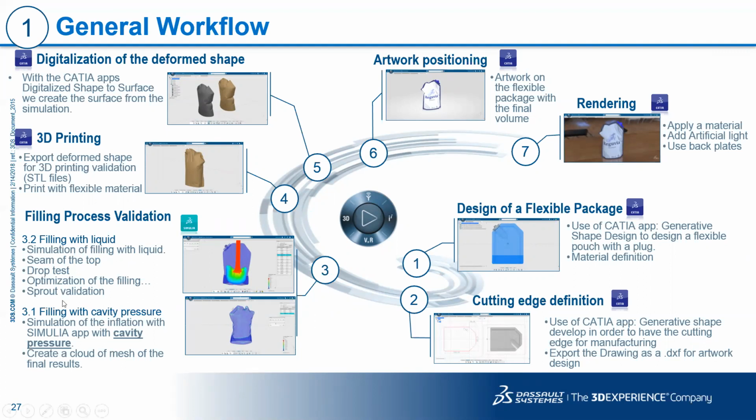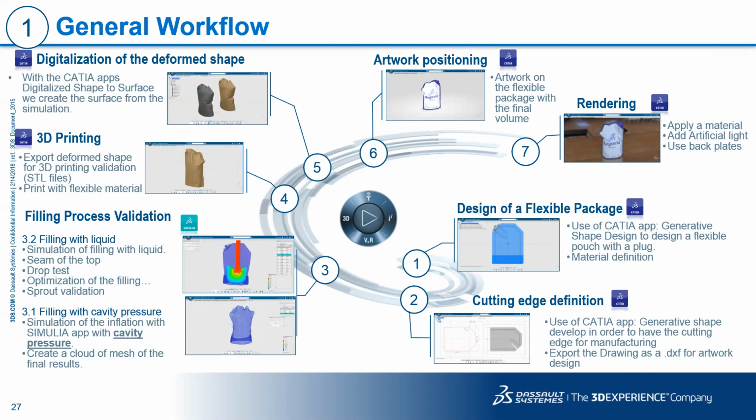Once we make the pouch, we will do the filling. But first we'll inflate the pouch with pressure, and then we would fill the pouch with liquid, and on the filled pouch we will seal it and drop test it.